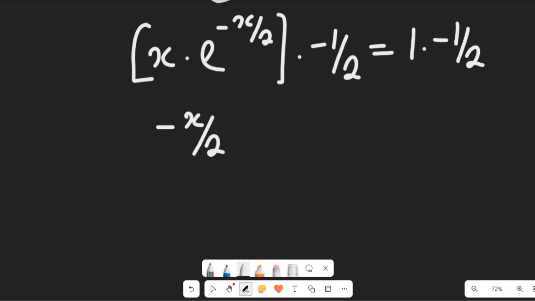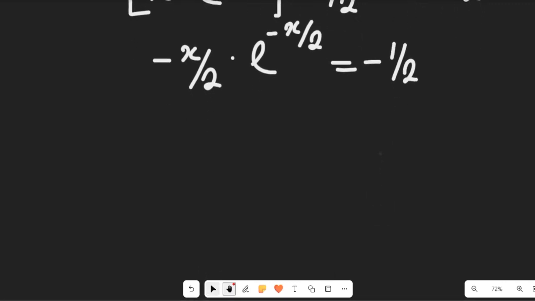Because x times negative 1, and this will be multiplying the exponent of negative x divided by 2. Now that, can you see what I'm saying? And this will be equal to negative 1 divided by 2. And if you look at that expression very well, you will see that we have mended that expression to look like the Lambert expression.